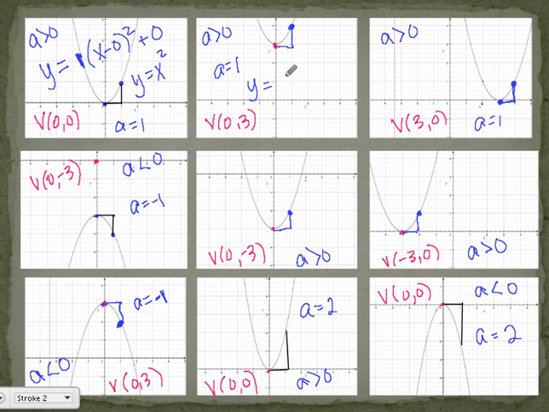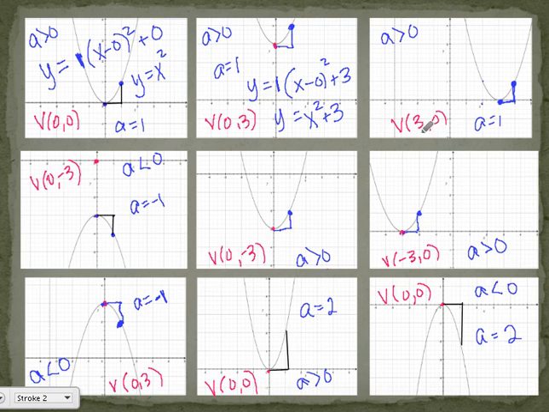Y equals 1 times x minus 0 squared plus 3. So this is y is equal to x minus 0 squared, which is simply x squared. X squared times 1 is just x squared plus 3.